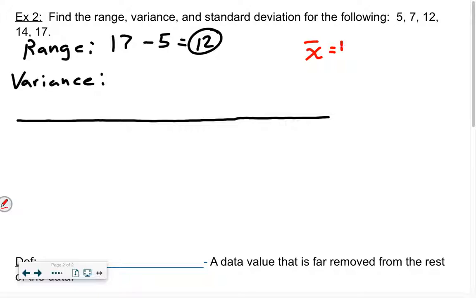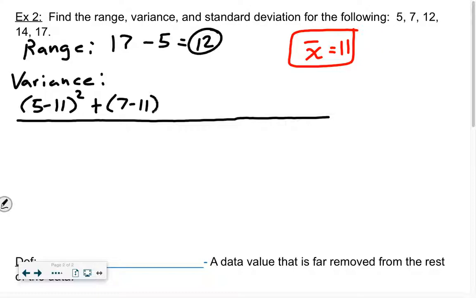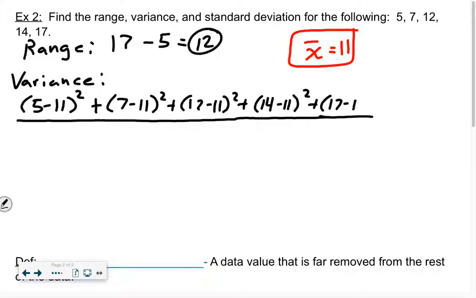Yep. So when you find the variance, you need to find the mean first. Now we start with the very first value, 5, minus the mean, and we square it. Plus the next term, 7 minus 11 squared, plus 12 minus 11 squared, plus 14 minus 11 squared, plus 17 minus 11 squared.